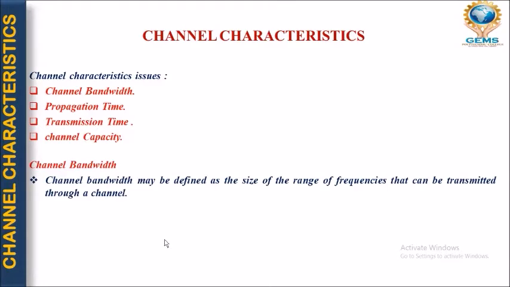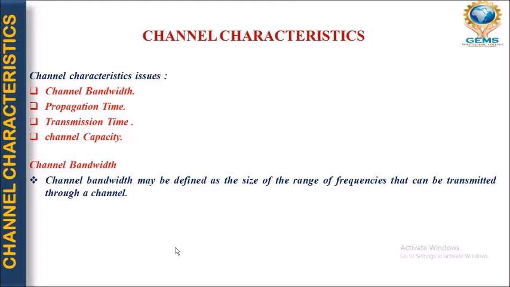What is bandwidth? Bandwidth is defined as the size of the range of frequency that can be transmitted through a channel. We have two bands, a lower frequency and a higher frequency, and the difference between these two is known as the bandwidth.